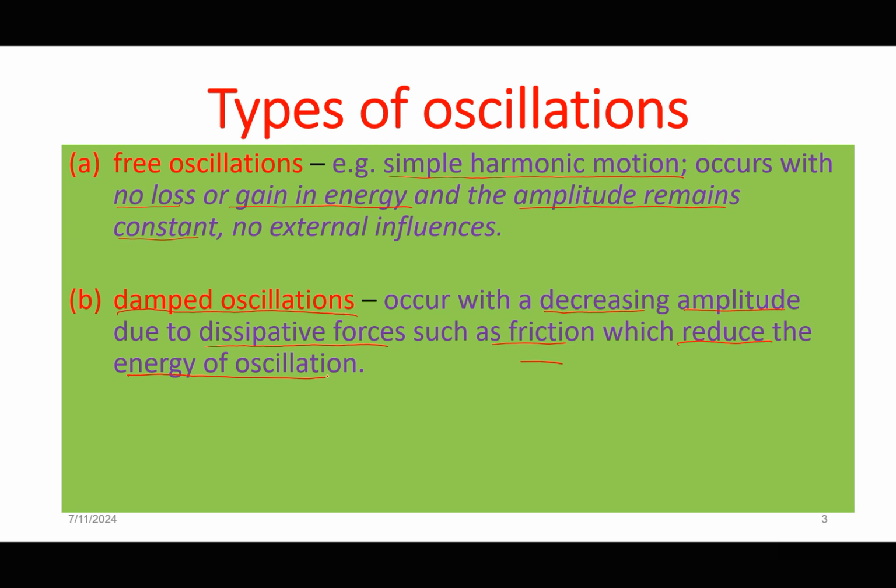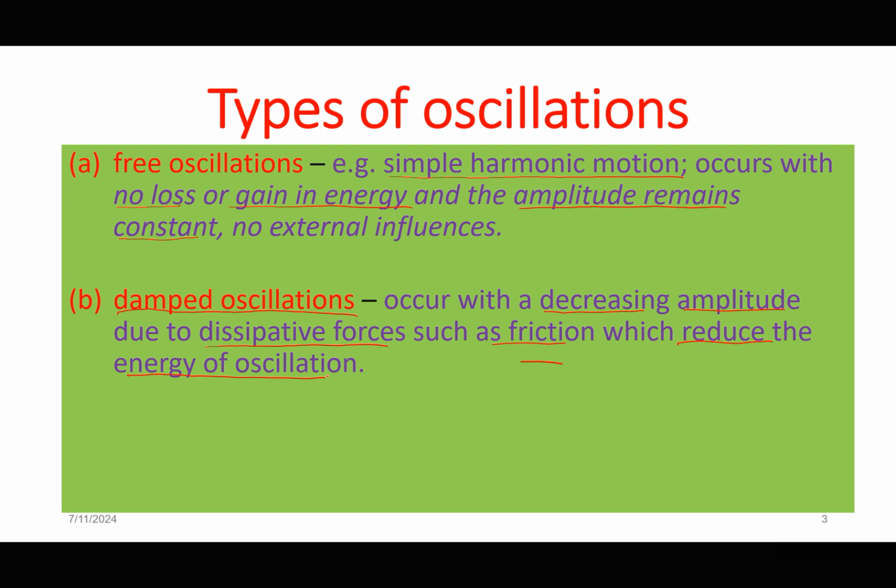The reason why the energy of oscillation is reduced is because there are dissipative forces. These dissipative forces always act against the direction of motion of the oscillating object, such as air resistance. You notice that air resistance, for example, always acts in the opposite direction to the velocity of the moving object.